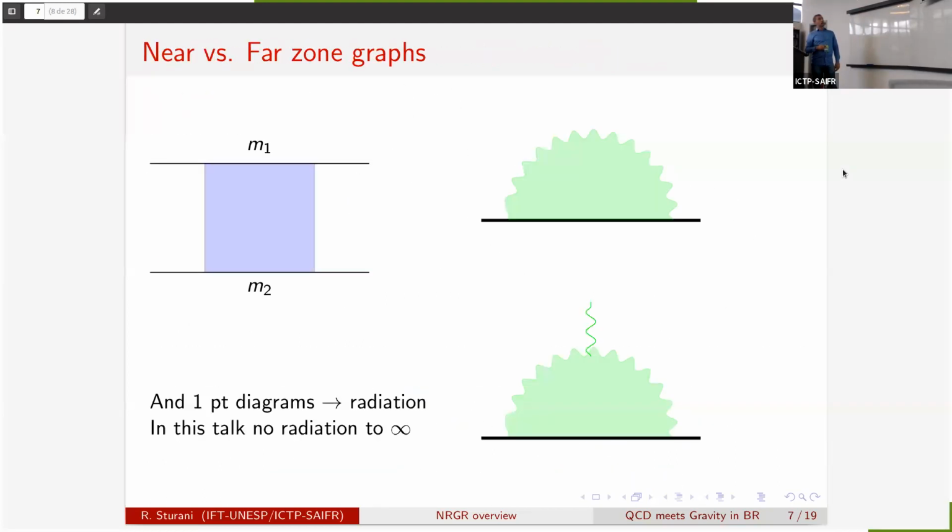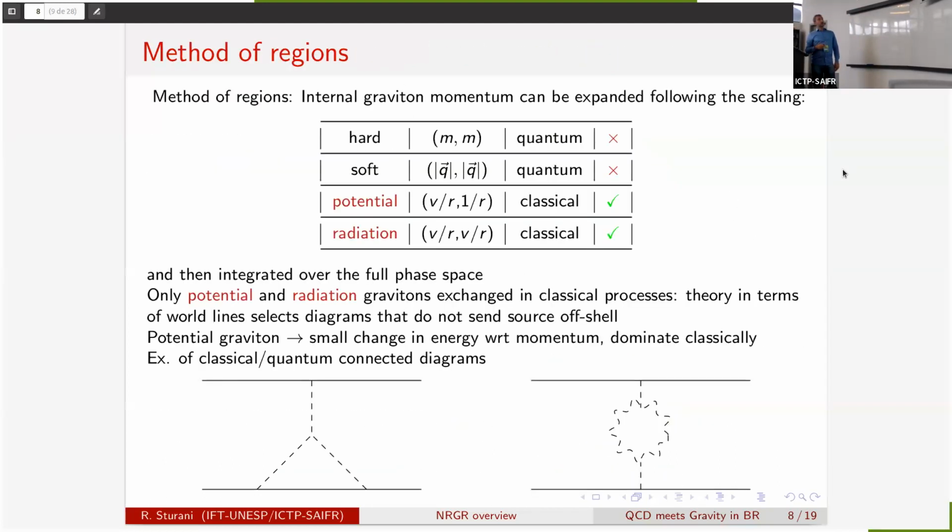And you may think, oh, wait, but this is something that in QCD was very well known. Exactly in QCD, where this theory was inspired from, people usually split the region of momenta of the modes that are exchanged between the two particles into hard, soft, potential, and radiation.